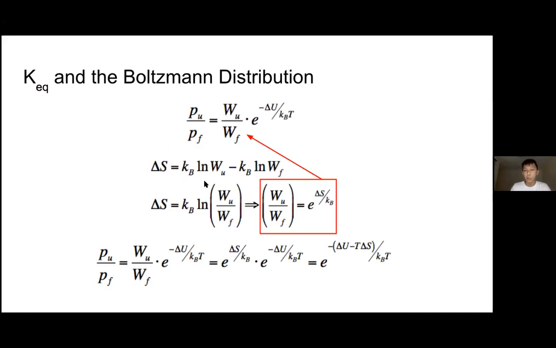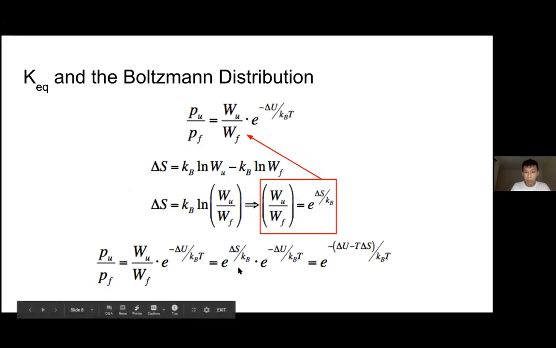Well, you just use your standard Boltzmann equation right here, right? And then the change in entropy is just equal to the difference between these two. You can do some math and you rearrange and you get this, and we plug it back into this. So this expression is equal to this expression, and you multiply it out, remembering your exponent rule. So you just add the exponents after you multiply this by T, you get this.